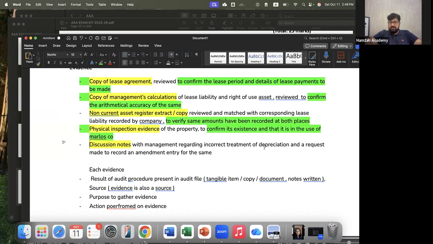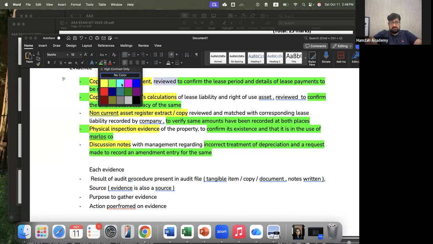Discussion notes, this is the purpose: incorrect treatment and the request for the same. The purpose. Then the action performed: reviewed is the action performed. You can see, reviewed. Reviewed and matched.